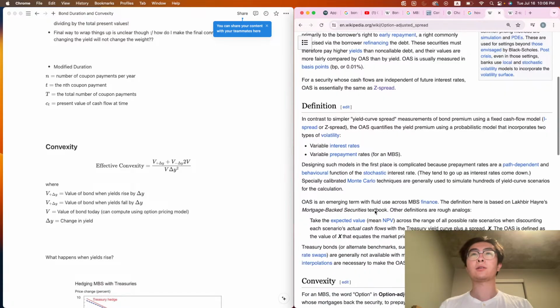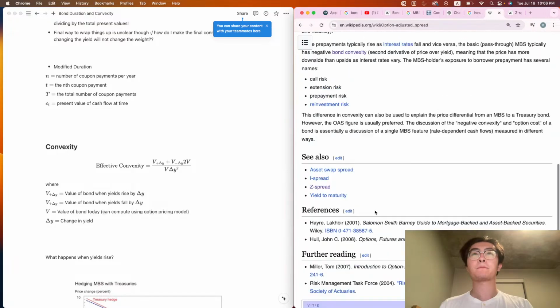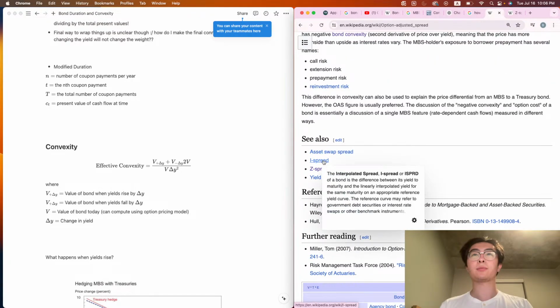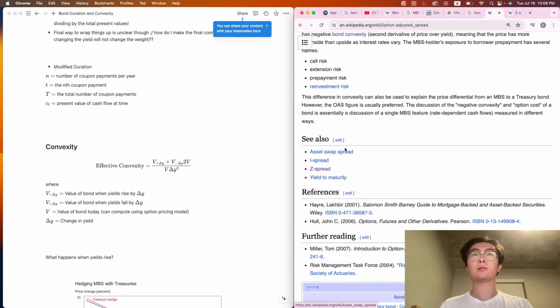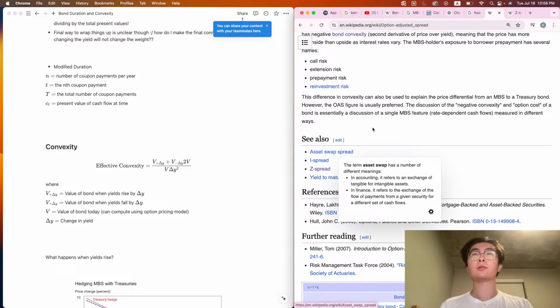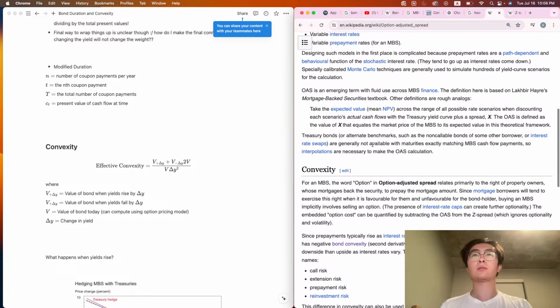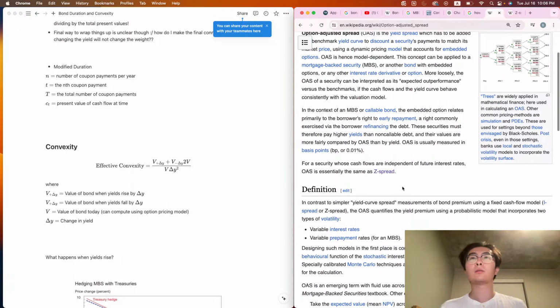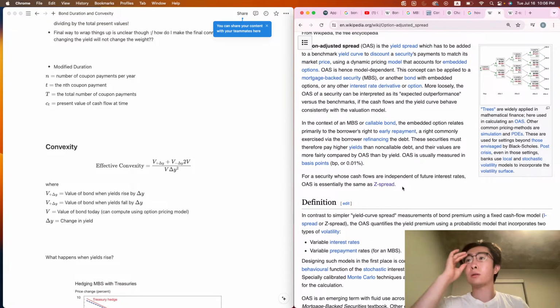Z spread. So it's swap spread. Partial differential equations.